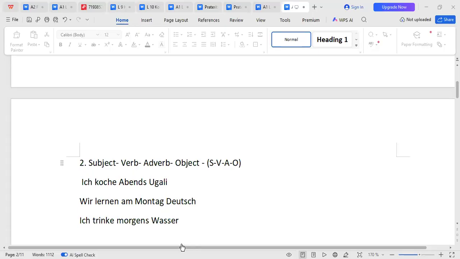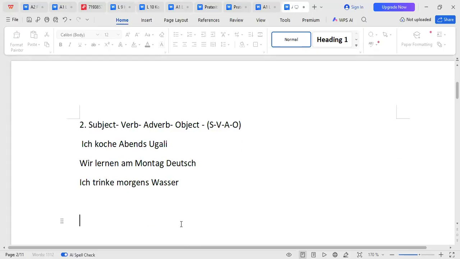So it is very important to make sure you follow the rules. German is German, English is English. English takes the time to the end. German has got its rule. The third sentence structure that you can have, students, is a sentence where the adverb starts, if it is an adverb of time.